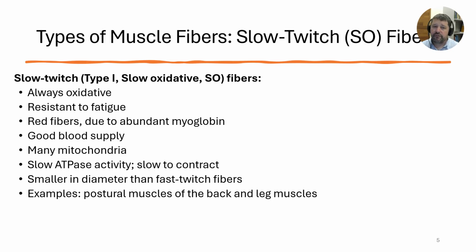Okay, that's the myoglobin, and then the mitochondria and the increased blood supply, which causes that meat to be dark. Okay? Those muscles are slow, but they resist fatigue.